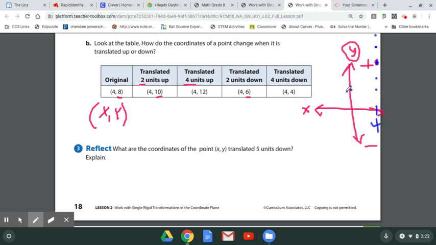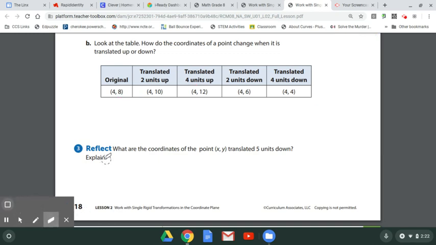And it was the y values that changed when we went up and down. This was 8, 6, 4, 10, 12.